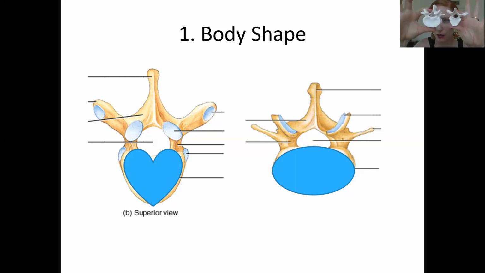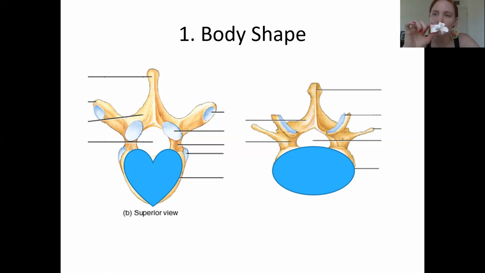Thoracic, lumbar. Now, why? Why do you think the lumbar is going to have a bigger body, a broader body? Okay, a bigger and broader body. It has to do with the fact that the further you go down, the more weight is being put upon it. Right?